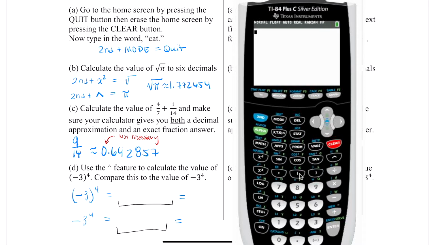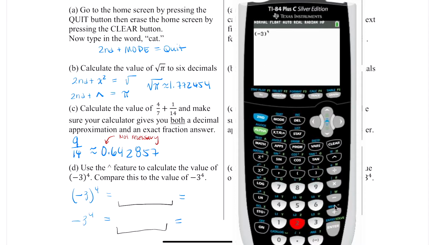So first let's do parenthesis -3. Oh, actually, let me show you something. Be cautious which negative you use. If I use this minus sign and then I go here to this close parenthesis and then up to the exponent symbol 4, I'm going to get an error. Error syntax. And when you click 2 to go to it, it'll show you that negative.